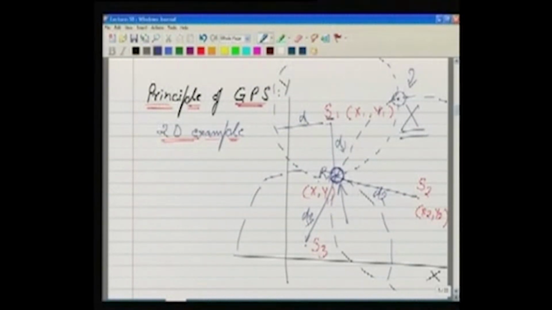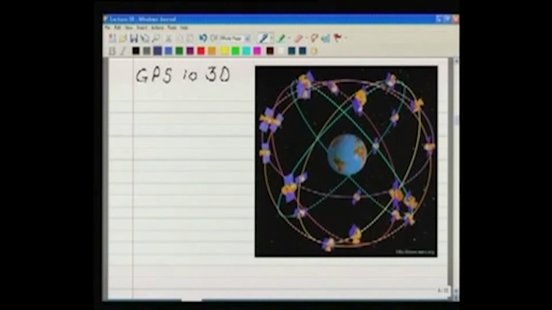Now we will extend this to 3D, because GPS is a 3D case. In the case of GPS, as we discussed, at the center of the earth we have our coordinate system.